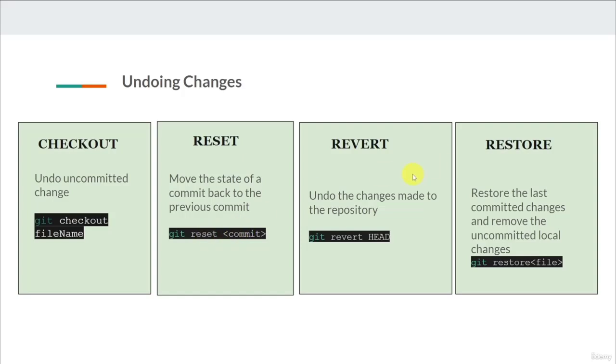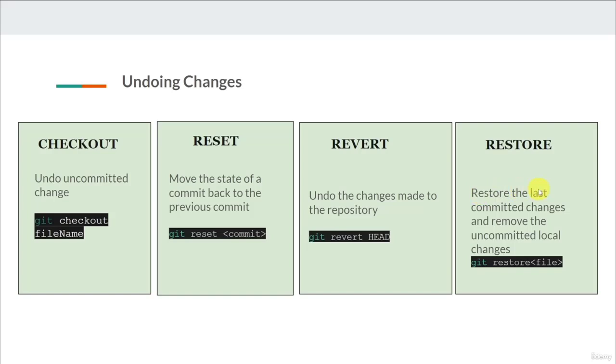And next one is revert. We did some changes and already committed, so we need to undo that change. For that case we can use revert. Then the last one is restore.